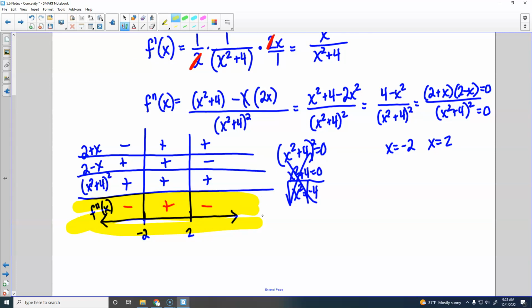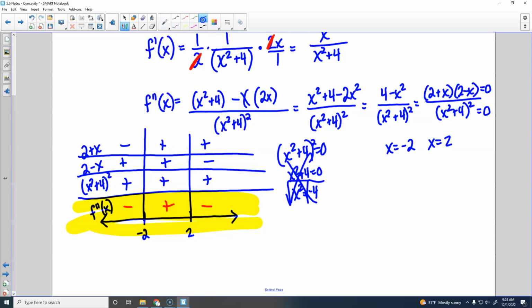But if you are just doing it in your head without doing that, all you really need to state is the signs of that second derivative, because it would be perfectly fine to plug a number into the whole derivative without making that chart. So the chart is just a tool to do it a little bit faster. If you don't like it or need it, you don't have to use it. You just want to show this line right here where it says the second derivative. So you could leave that top part off if you wanted.